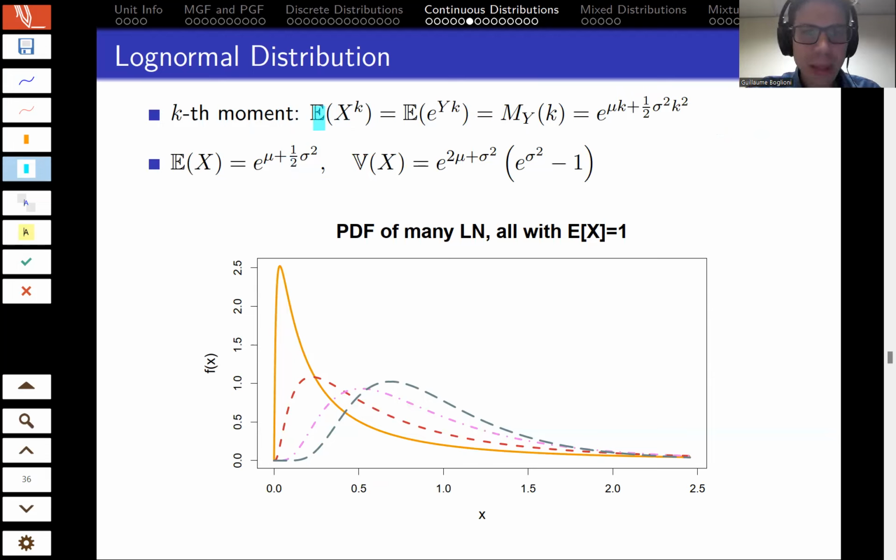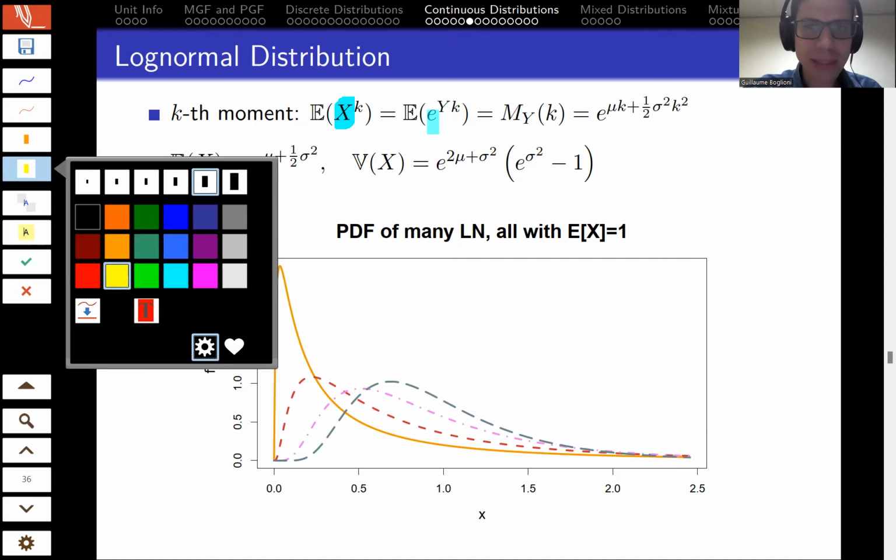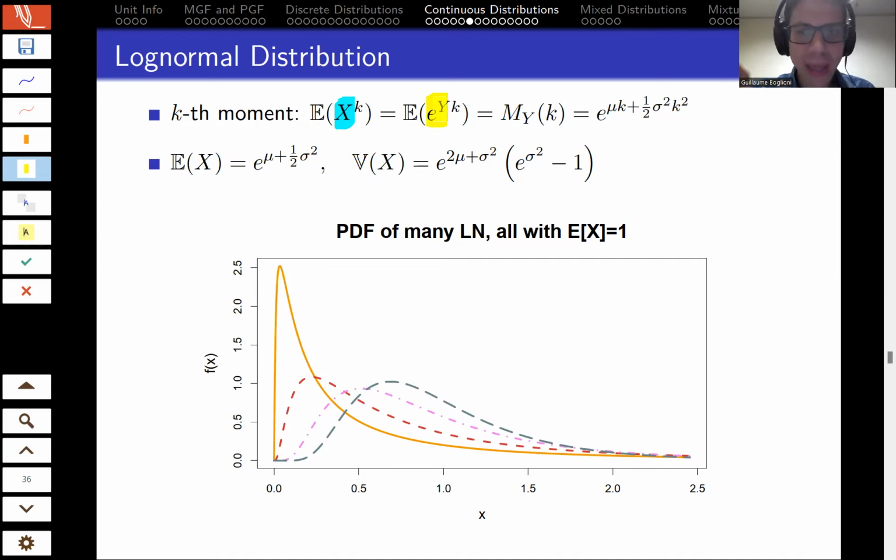If x is a log normal, then x can be written as e to the y, where y is a normal mu sigma squared.